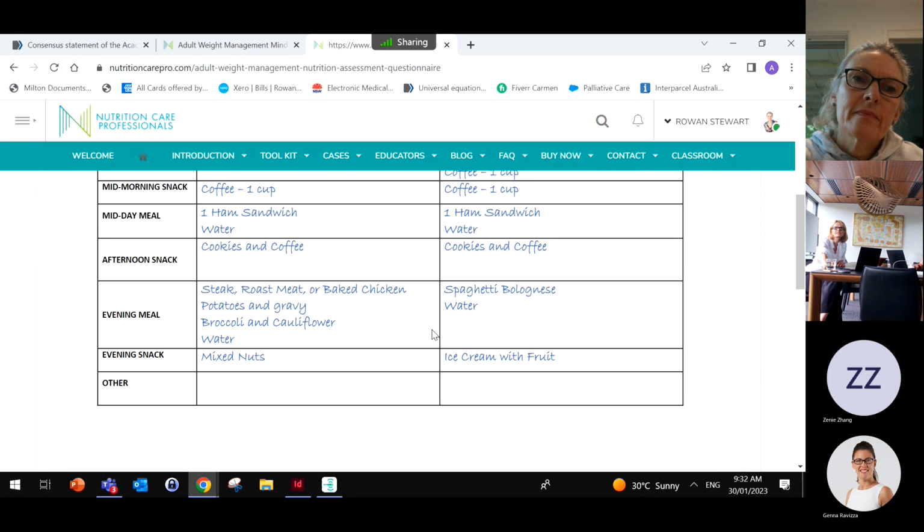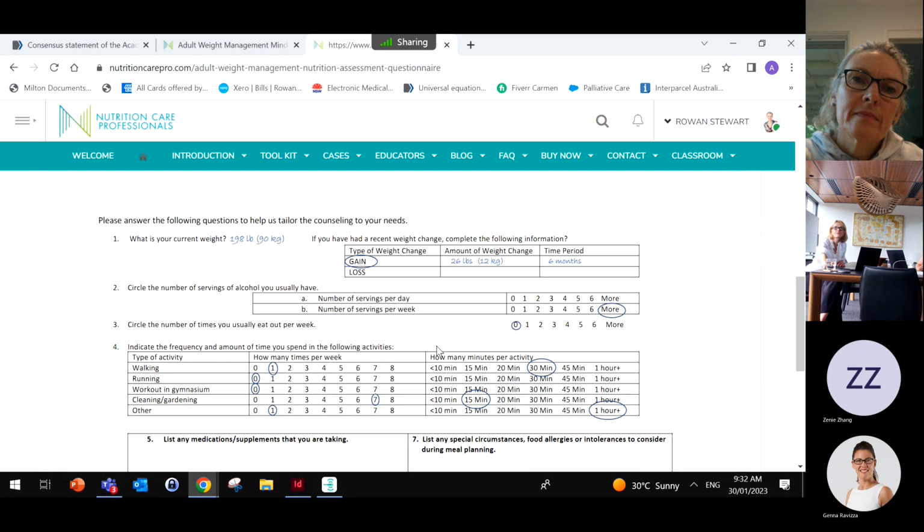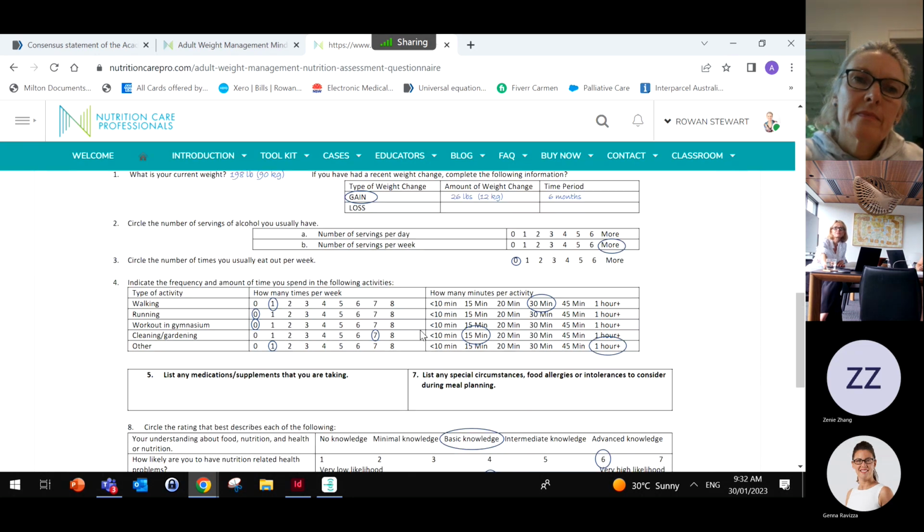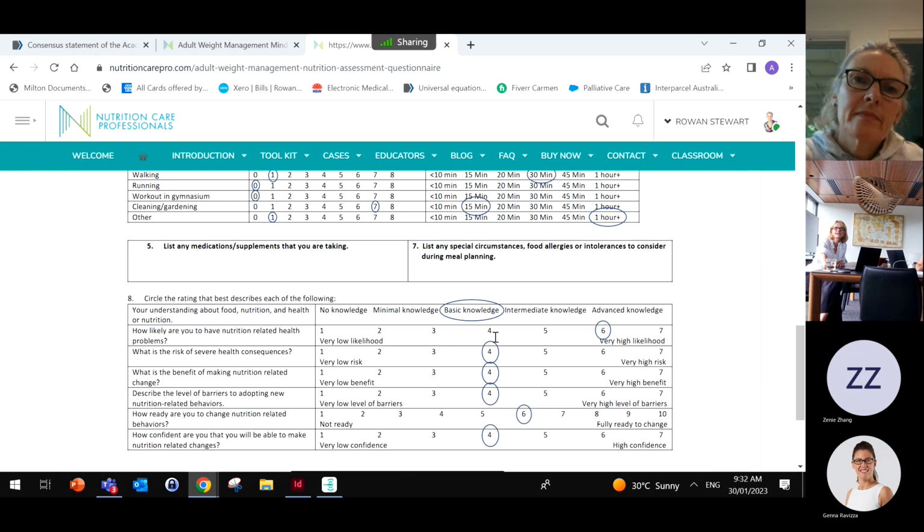This will give you an overview of his eating patterns and his physical activity, but more than that, it gives you an understanding of where the patient believes his knowledge is at in terms of the medical condition, and other nutrition-related health problems, the health consequences of his medical condition, whether he sees any benefit from making nutrition-related change.